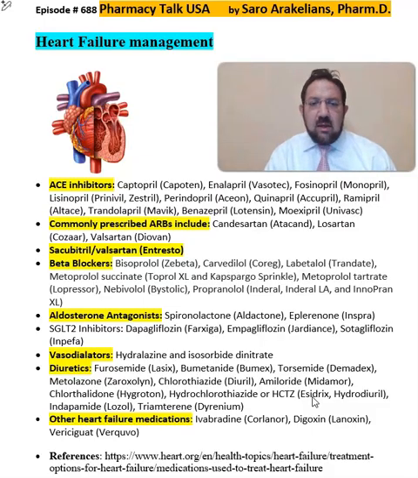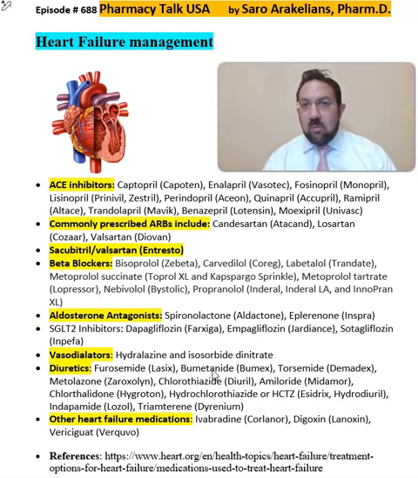Beta blockers, aldosterone antagonists, as you see over here, spironolactone, eplerenone, vasodilators such as hydralazine and isosorbide dinitrate, and diuretics. The most commonly used ones are Lasix, bumetanide, Bumex, torsemide, and chlorthalidone.